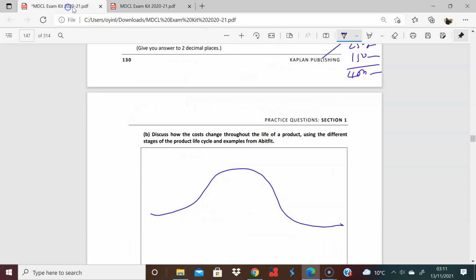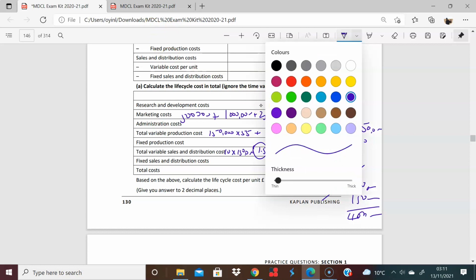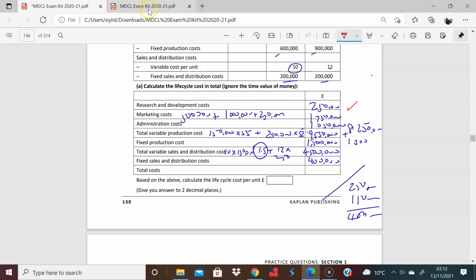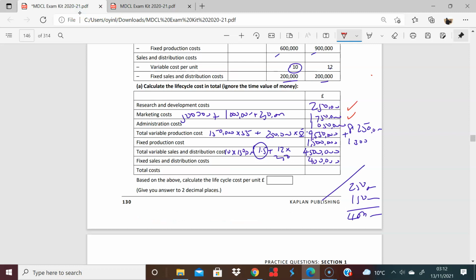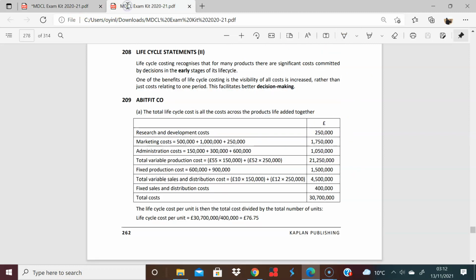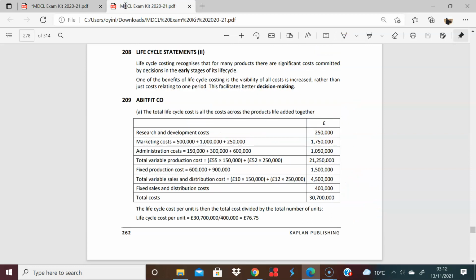So first of all, let me change my pen color. I had 250, 1750, 1050, and they have 21. I think it must be just a math thing, which is why I've come back to theirs, because I had 150 times 55 plus 250 times 52.